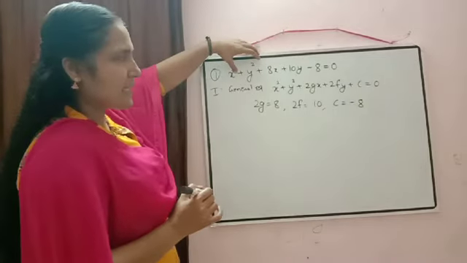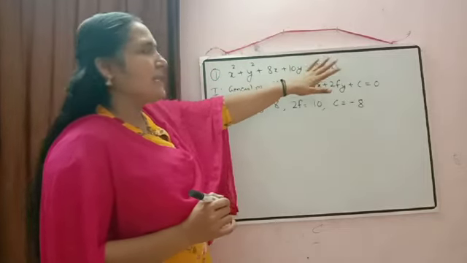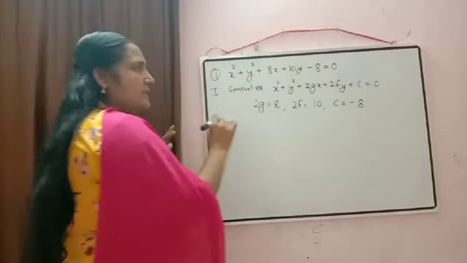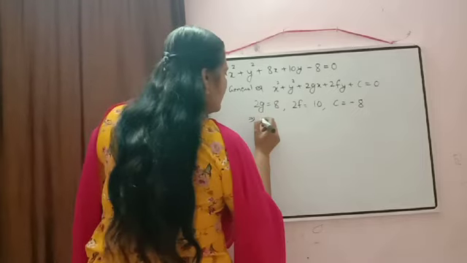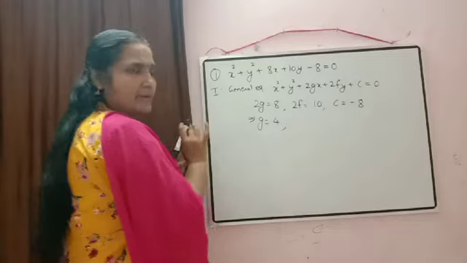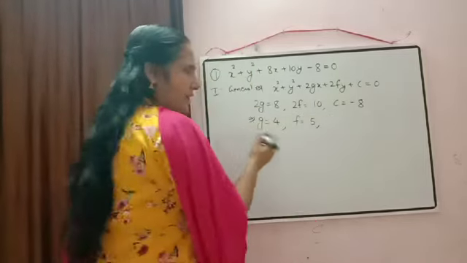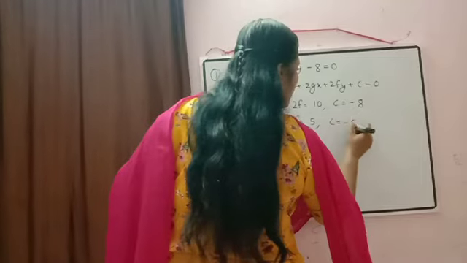In the general equation of a circle, the right hand side is 0, so you have to arrange it in that way only. So g will be equal to 4, 8 divided by 2. f will be equal to 10 divided by 2, 5. And c is equal to minus 8.